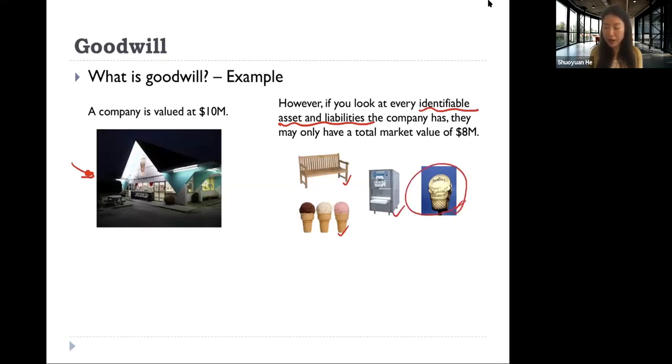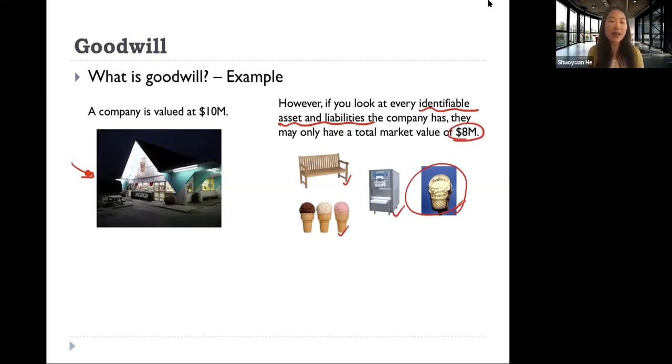They even have a trademark of the firm. So you put a value on everything, at the fair value of those assets and liabilities, and then you add them up. So you only get a value of $8 million.